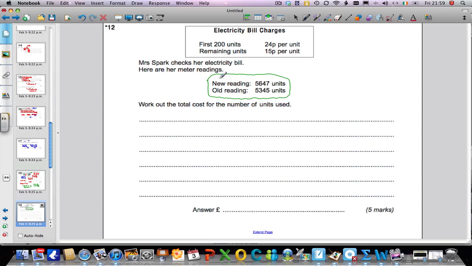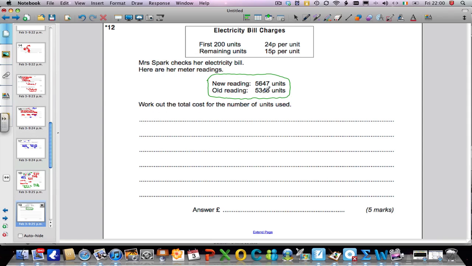Basically, the way electricity meters work is they constantly keep a total of the number of units of electricity, and every month the old reading is taken away from the new reading to work out how many units you've used over that month.